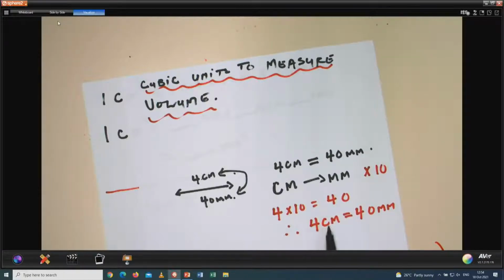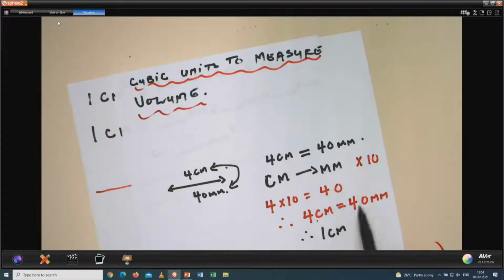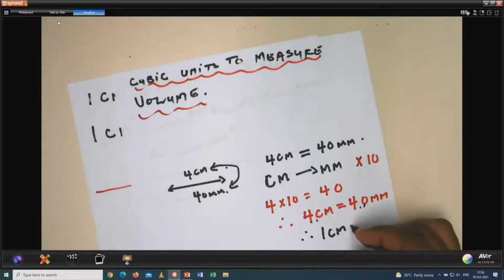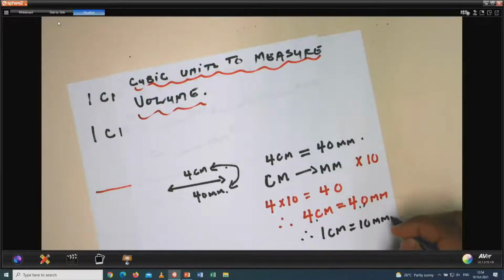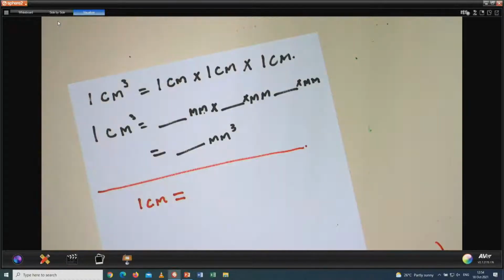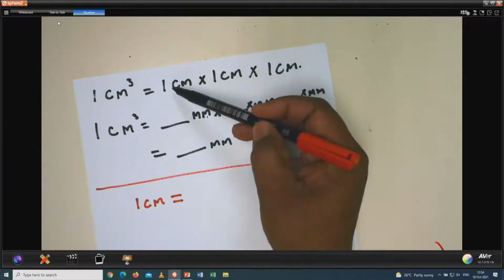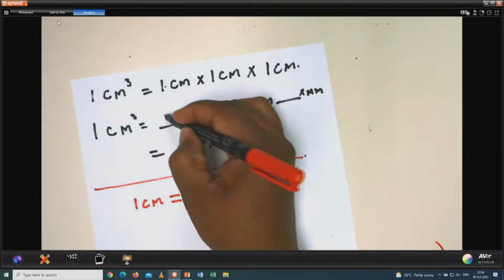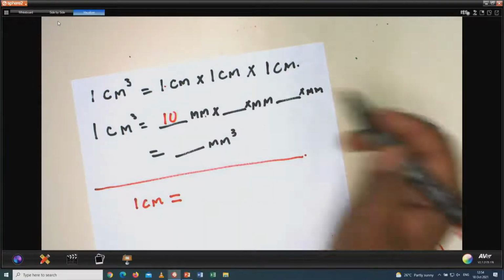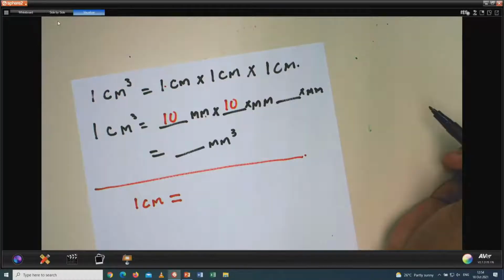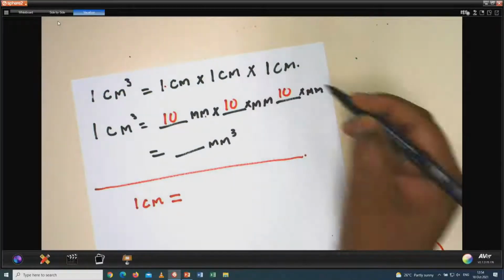Now 4 centimeters will be equal to 40 millimeters. And therefore, if 4 centimeters is equal to 40 millimeters, what will 1 centimeter be equal to? We divide both sides by 4. This will definitely be 10 millimeters. So 1 centimeter is equal to 10 millimeters.